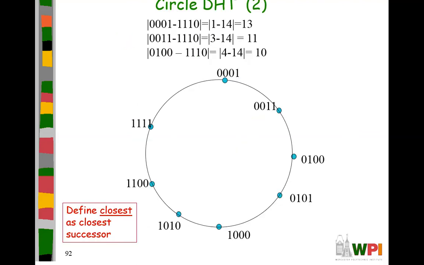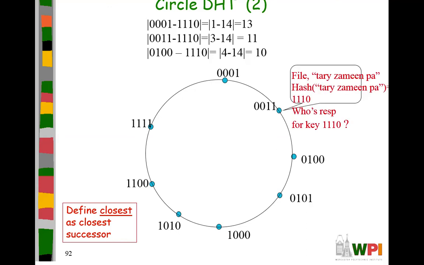Now how is the file shared? Suppose this peer has identifier 3. This is a binary representation. This is not 11, it is binary, so 1 and 2, that is 3.